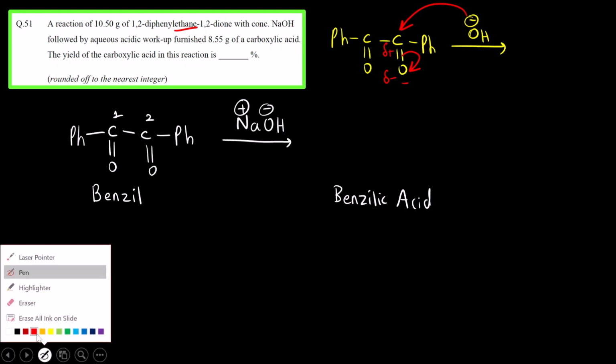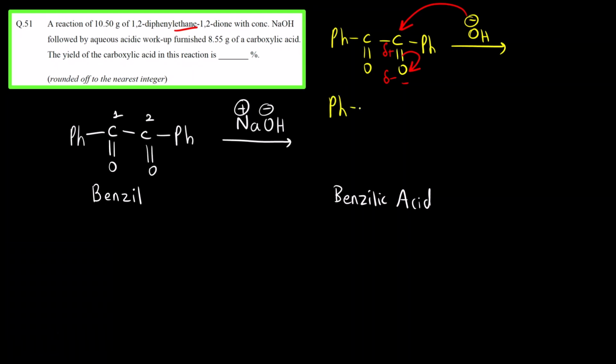What we will get is Ph, this carbonyl group remains as it is, C-O minus. Initially it had 2 lone pairs, now another lone pair from the pi bond. Ph was already there, here we have OH.